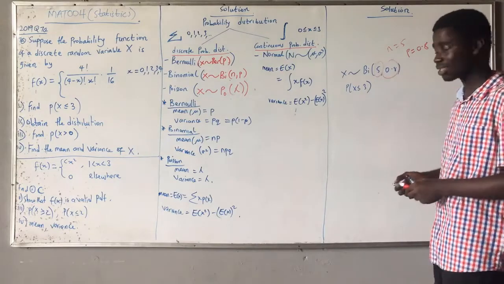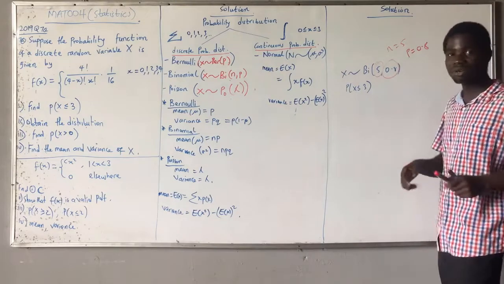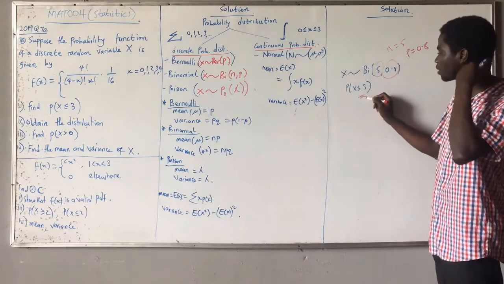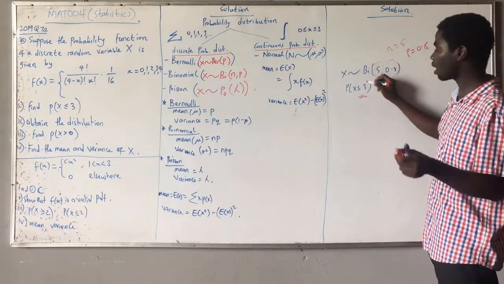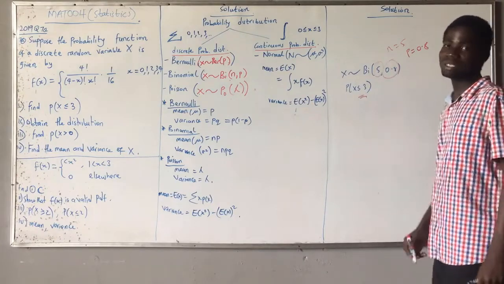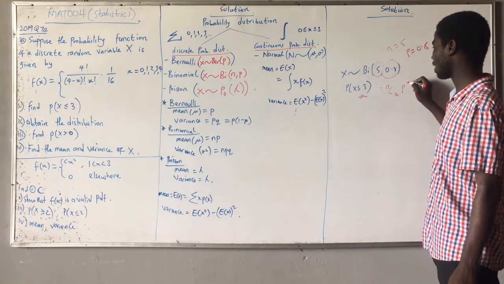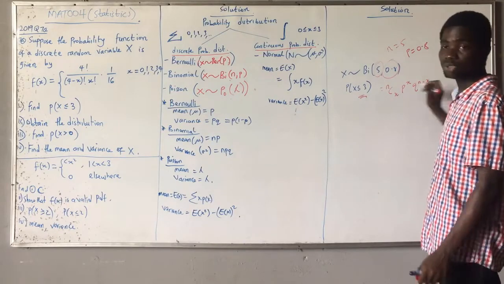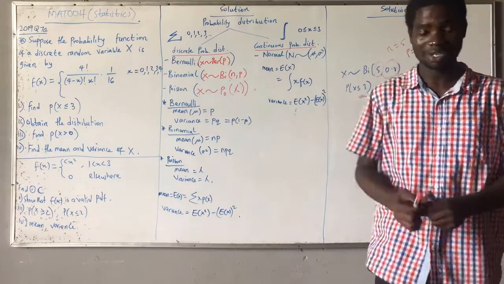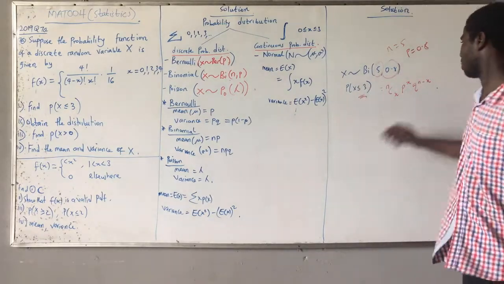That is what it means. So they want to find probability of this. So you will now use probability mass function. N combination S, then P raised power S, Q raised power N minus S. You will use this one to get what they want you to find. Do you understand? So that's by the way.